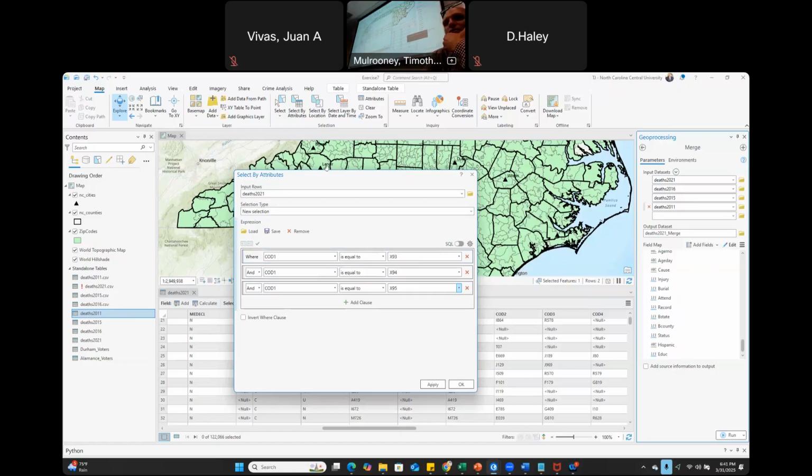Do I want and or do we want or? We want or, exactly. Because remember, that's going to be a logical error. It can only be one of these. So I want 91 or 92 or 93 or 94 or 95, even though we're looking for codes 93, 94, 95. This is how we use it colloquially, like in our everyday language, but really semantically, we want to use the or.